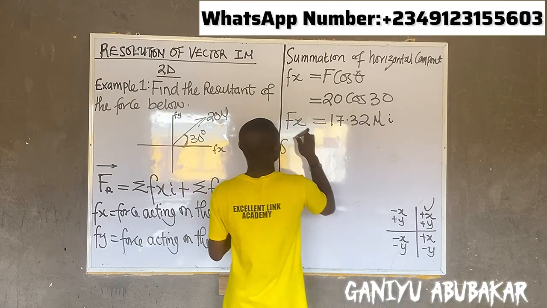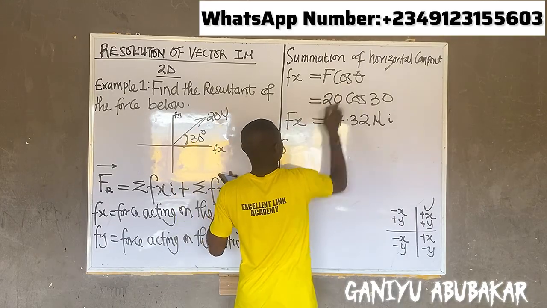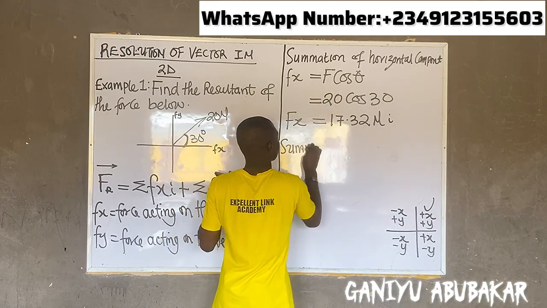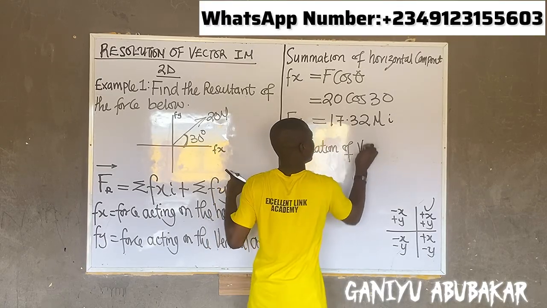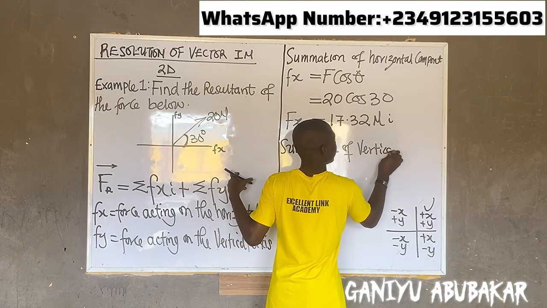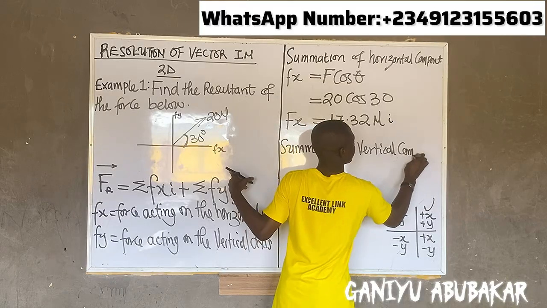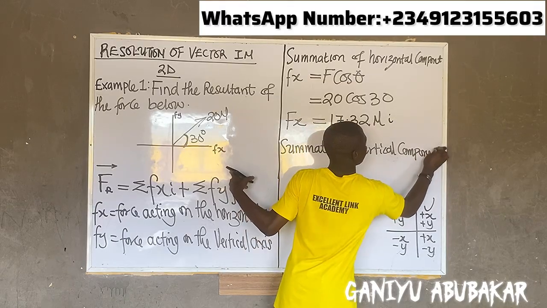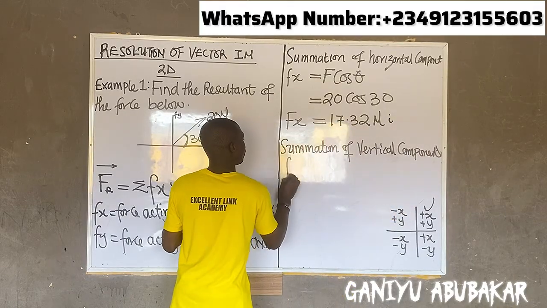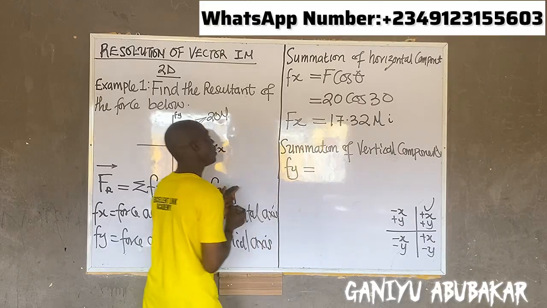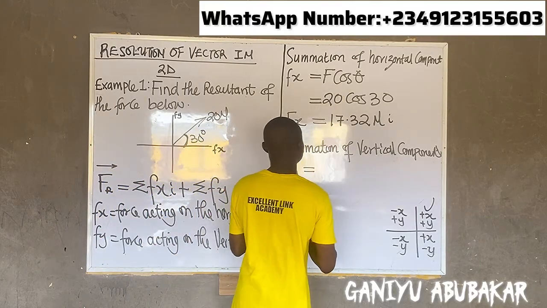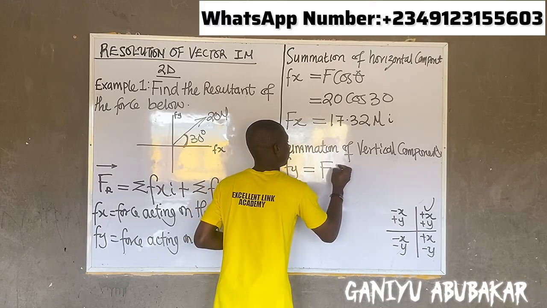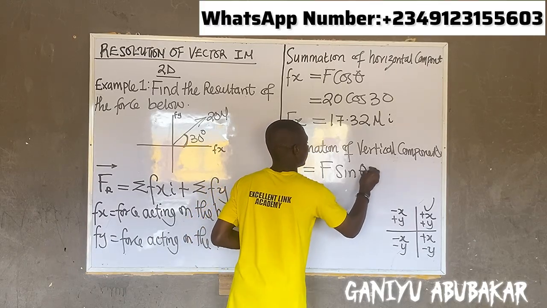So let's look at the summation of vertical components. That's Fy. Fx is F cos theta, so Fy becomes F sin theta.